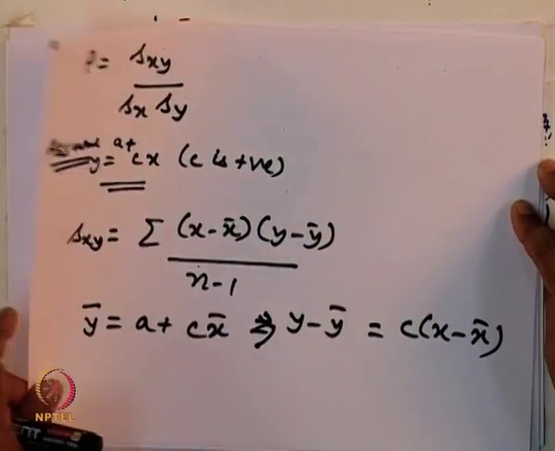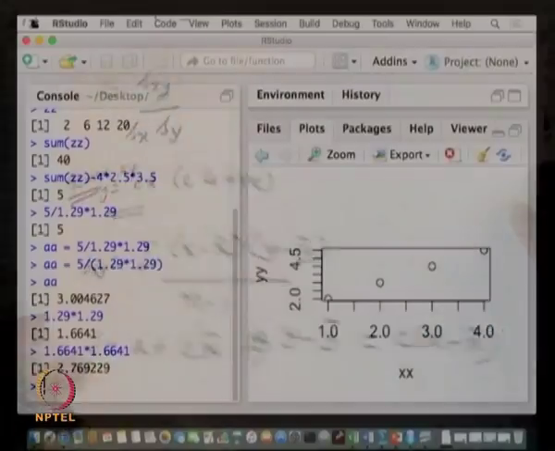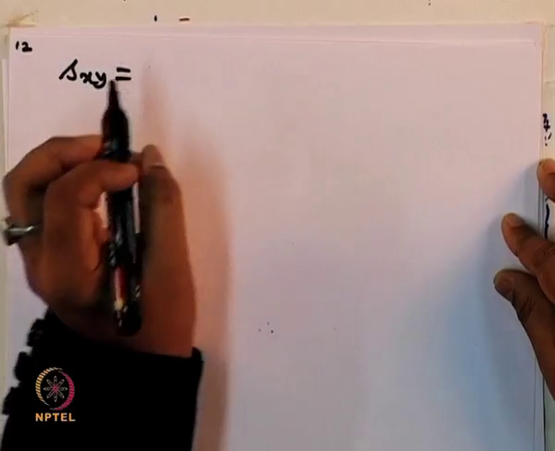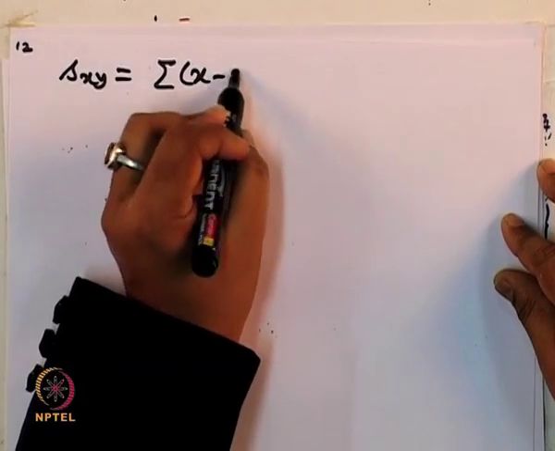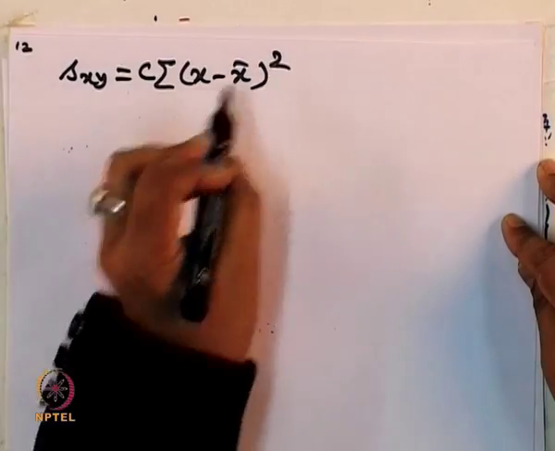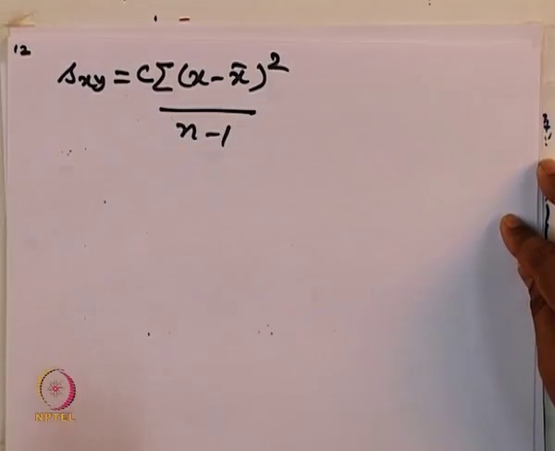So, if this is true, I can compute the value of Sxy as summation of (x minus x bar) whole square, taking C out, divided by n minus 1.